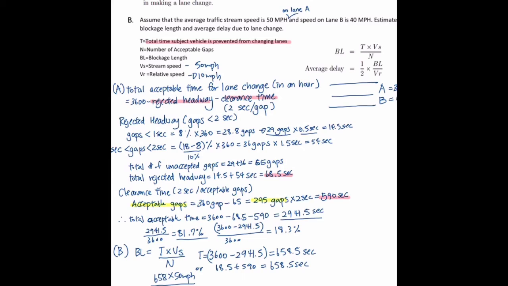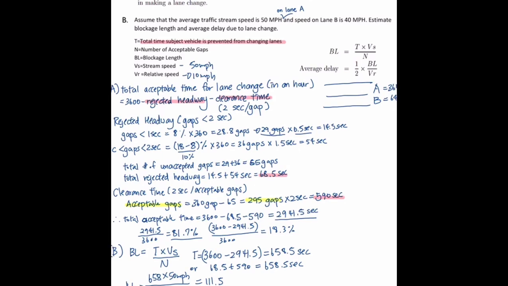So divided by 295 gaps. Let me put this in the calculator. 658.5 times 50 divided by 295 is 111.5. That is the blockage length.